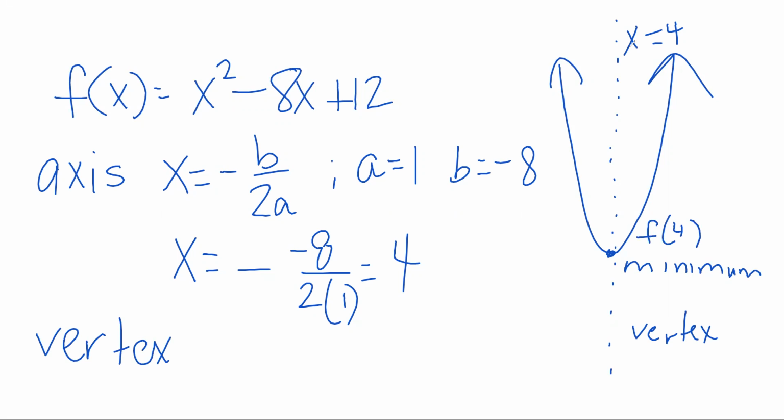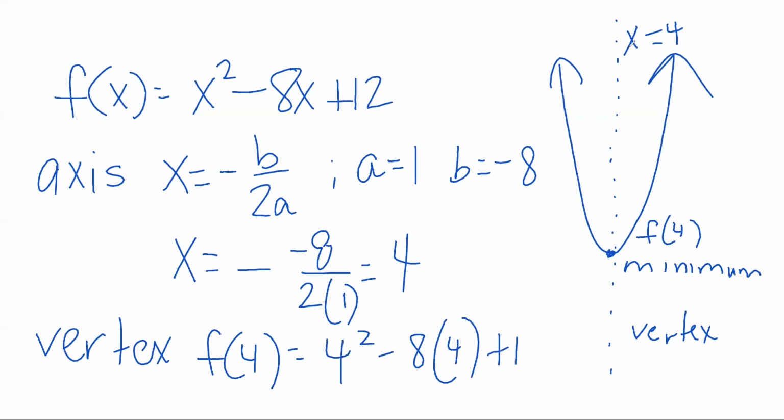You have to determine the y value there. So take f of 4, and plug in 4 for all your x's. Upon putting it in the calculator, you're going to find out that the answer is negative 4.